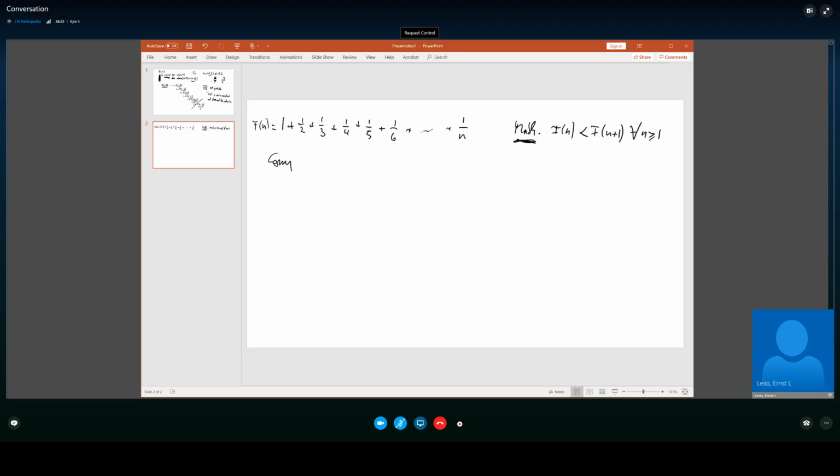Computationally, there always exists an n sub 0, a minimal n sub 0, such that f of n sub 0 is going to be f of n sub 0 plus 1.